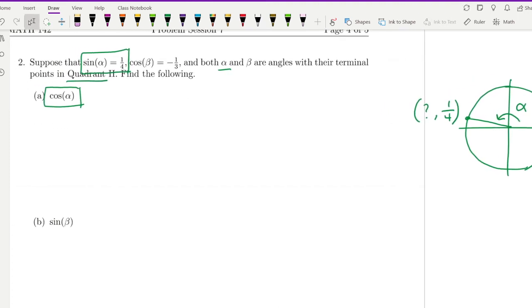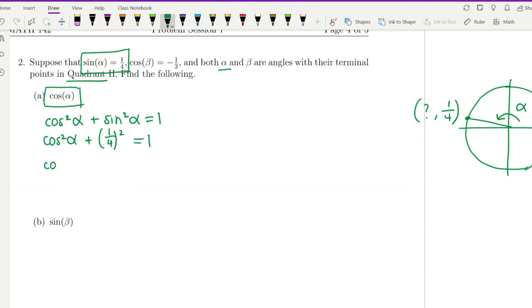To do the Pythagorean identity, we say cosine squared of alpha plus sine squared of alpha is equal to 1. I'll do it without the parentheses because those get annoying. We don't know what cosine is, so we just have cosine squared of alpha plus, but we do know that sine of alpha is 1/4, so I'll put that in. 1/4 squared is equal to 1.